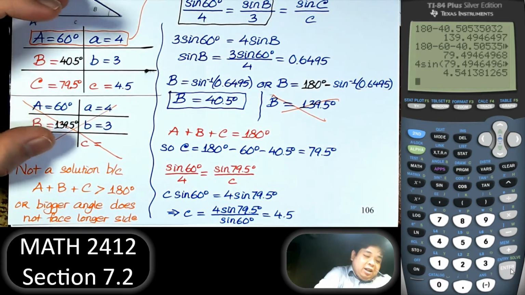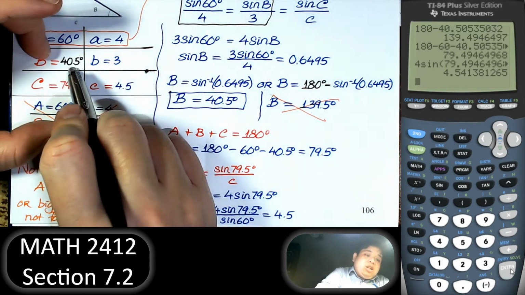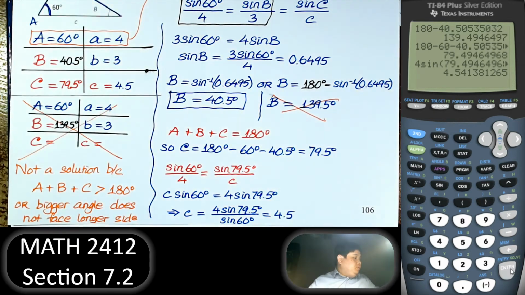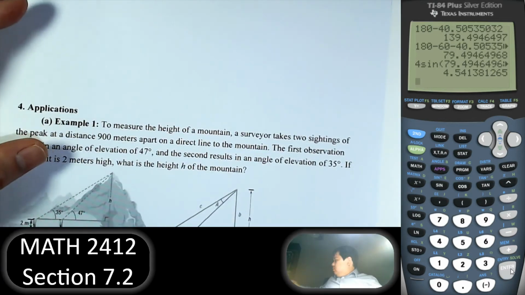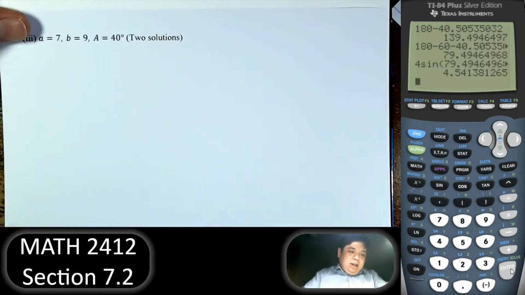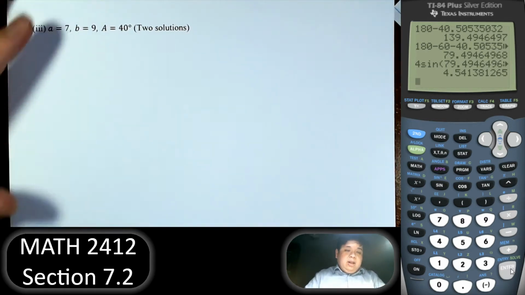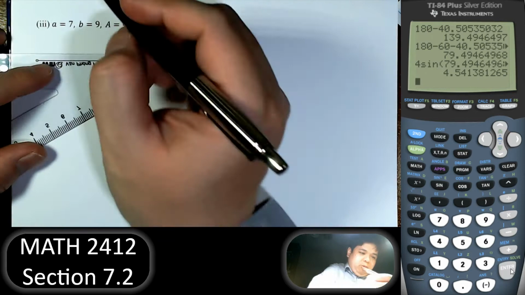So once again, biggest angle, longest side, which is good. Smallest angle, shortest side. That's good. Right. Now let's look at these scenarios. This says two solutions, right? So that's why I'm not going to even draw in the triangle here. Just draw a summary.